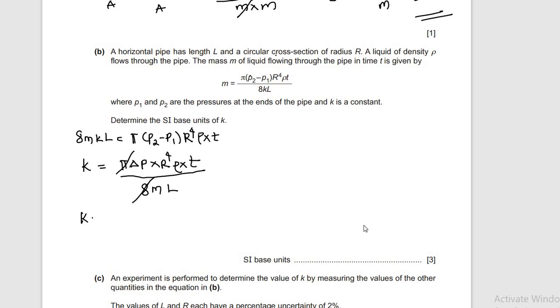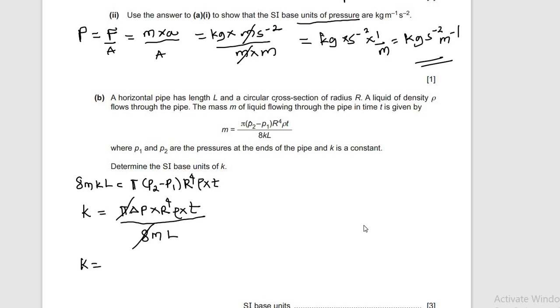So K will be, now change in P is pressure. And what is the SI unit of pressure? As you can see earlier, it is kilogram, s minus 2, m raised to the power minus 1. Radius R is meter, meter raised to the power 4. Density is mass over volume, right?